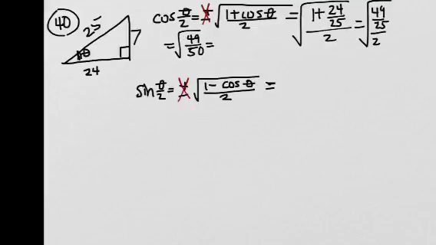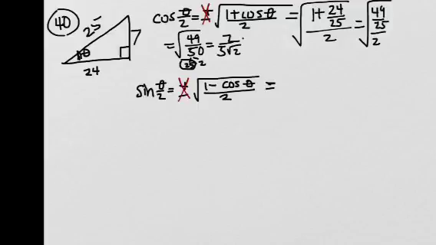And so 50, you know, is 25 times 2. So the 25 comes out as a 5. The square root of 49 is 7, so that one's okay. And then 5, and then the 2 stays inside the radical.